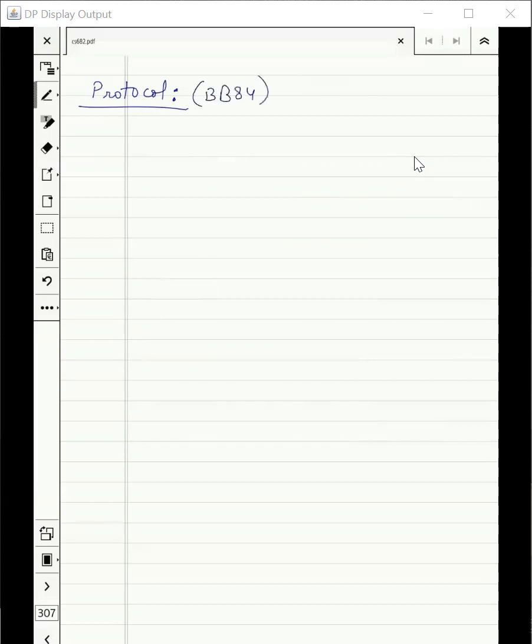Our objective is to share a secret key between Alice and Bob. What the protocol needs, or what we assume that Alice and Bob have, is obviously a quantum channel.